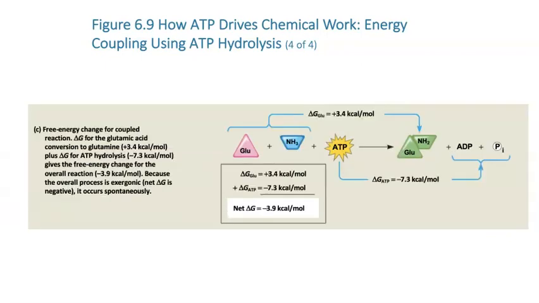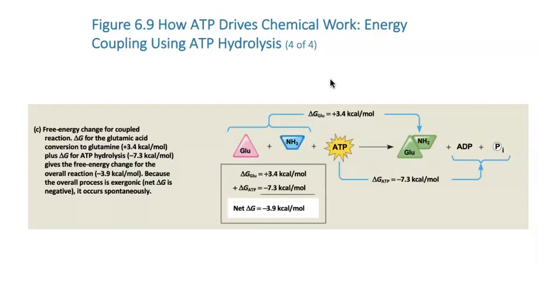If we were going to do this calculation, we would do it like this. Glutamic acid and ammonia, remember, had a delta G of positive 3.4 kcals per mole. Releasing phosphate from ATP, the delta G of ATP, is negative 7.3 kcals per mole.